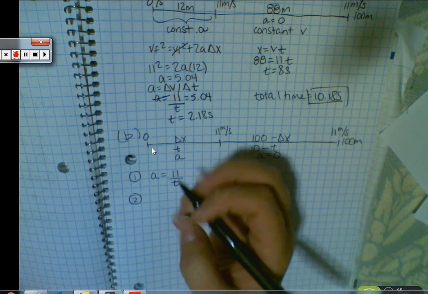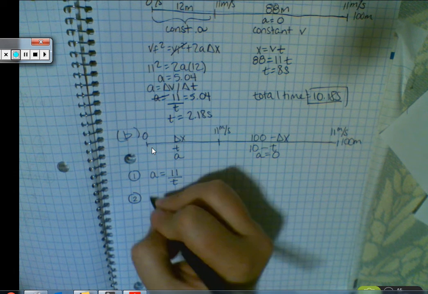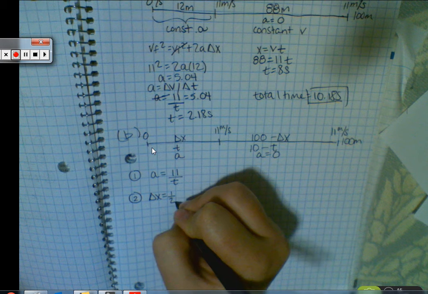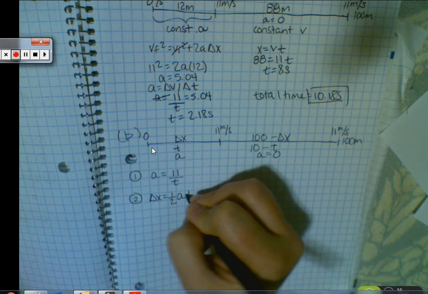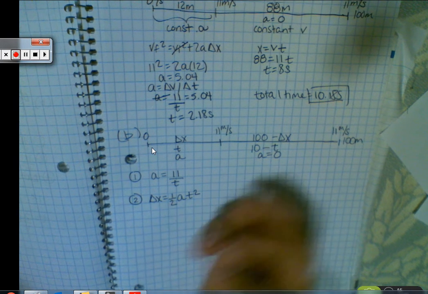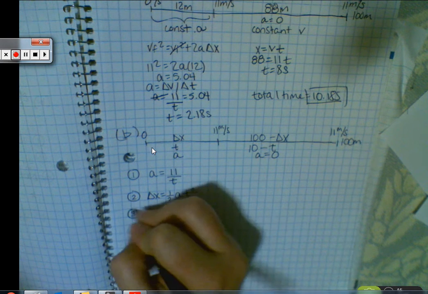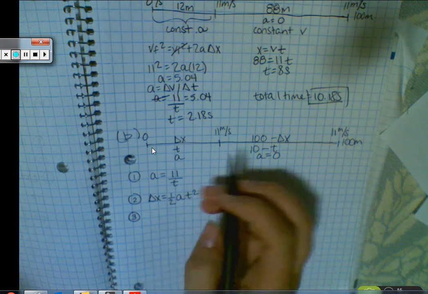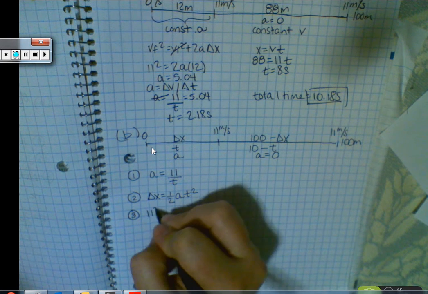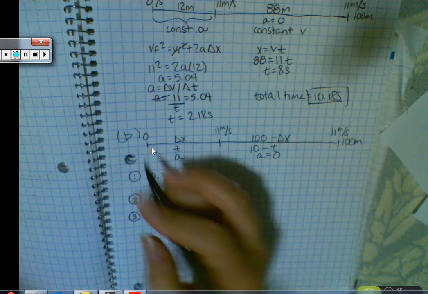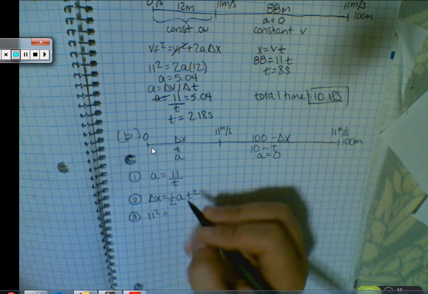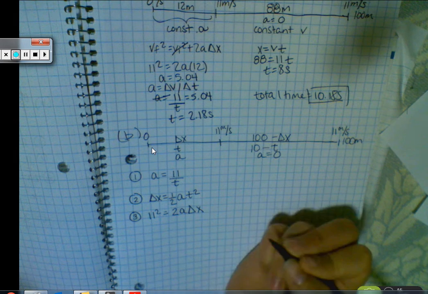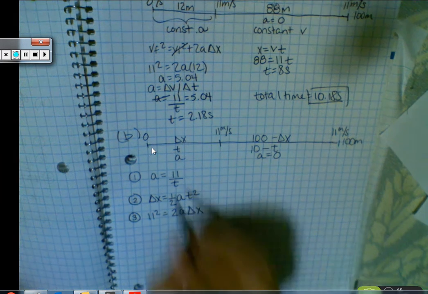Second equation, delta x equals 1/2 a t squared. Yay, I don't know anything in that equation, so I'm going to hope that I'm not going to use it. The other equation would be vf squared, or 11 squared, equals vi squared, or 0, plus 2a delta x.